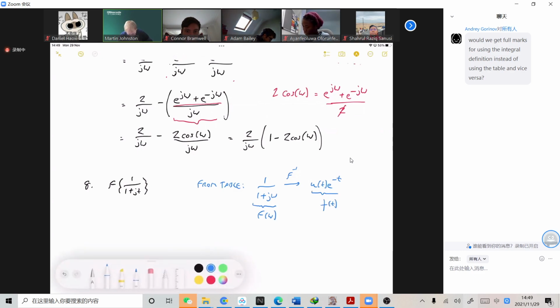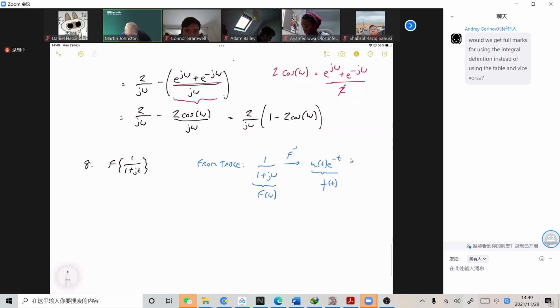So the time frequency duality principle is: the Fourier transform of capital F of t is equal to 2 pi times the lowercase f function of minus omega.